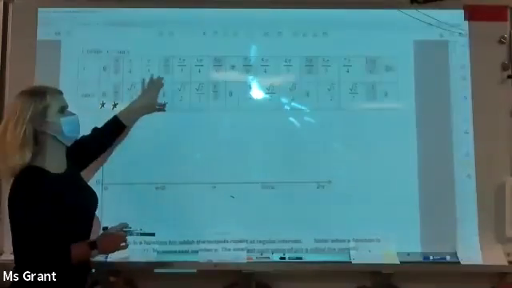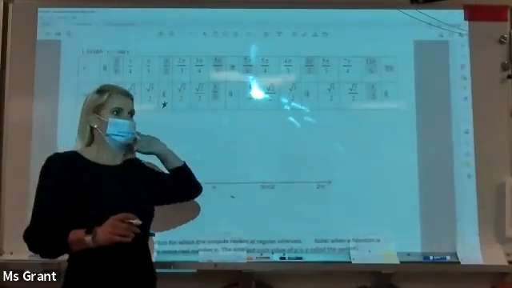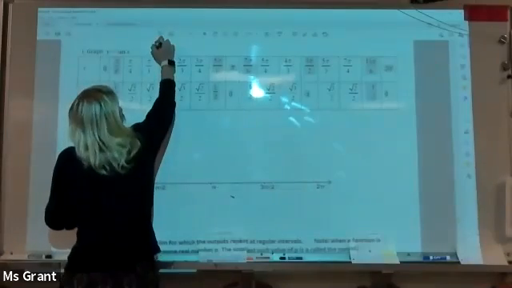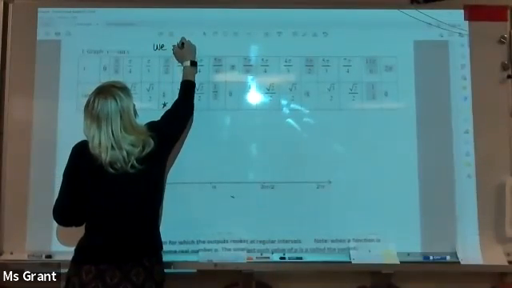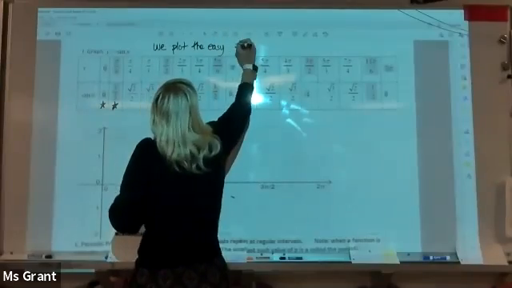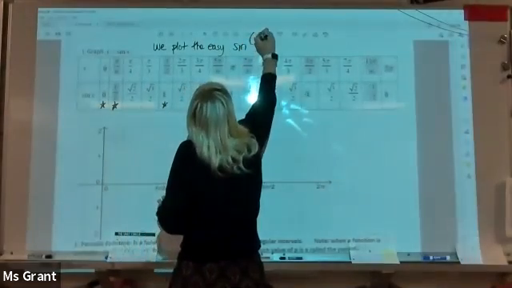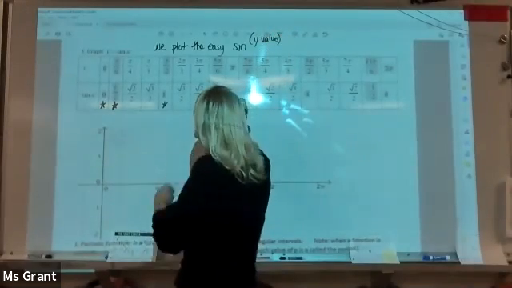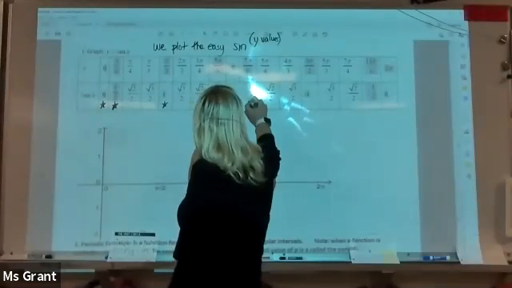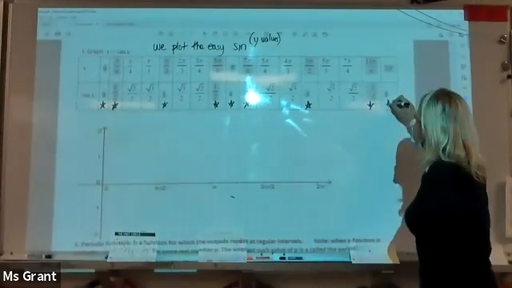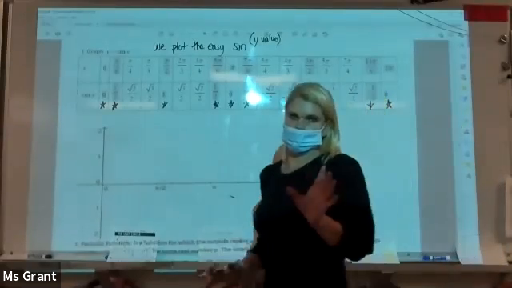So I have this list of ordered pairs, and you're probably overwhelmed, like, whoa, that's a lot of numbers. So we plot the easy sine, which is my y values. So I'm putting little stars by all of the sine values that are numbers that are really nice and graphable.